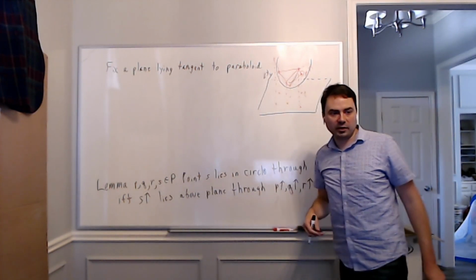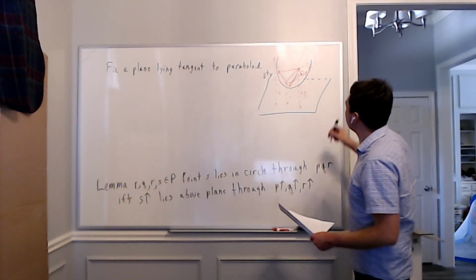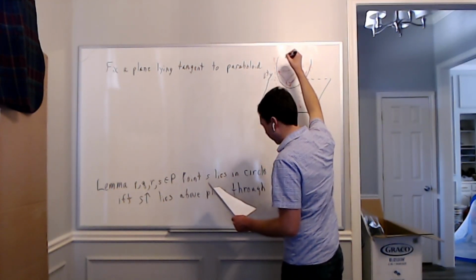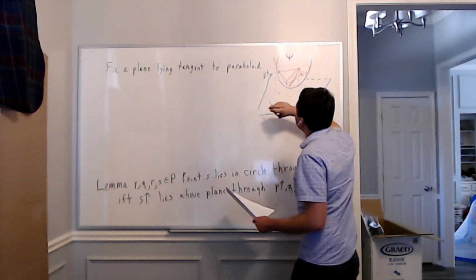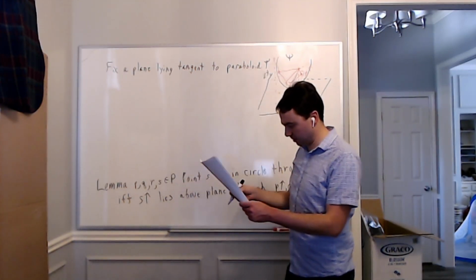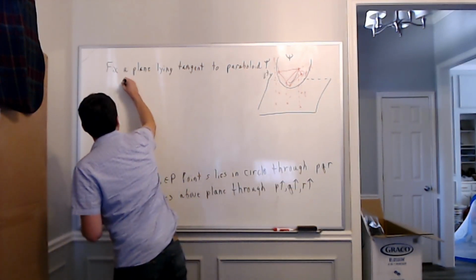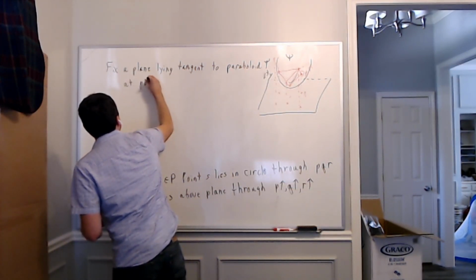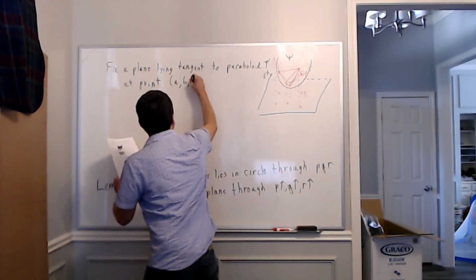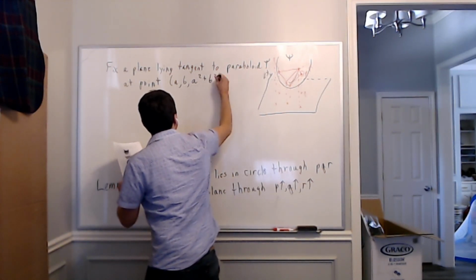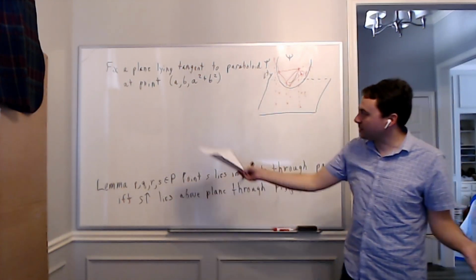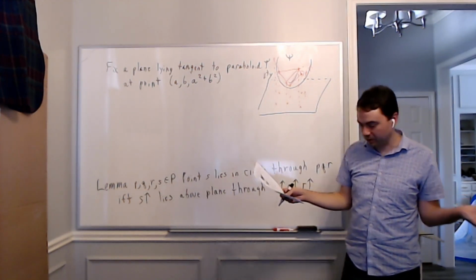I'm not sure I ever gave this paraboloid a name. In my notes, I'm calling it psi. So take a plane that lies tangent to the paraboloid at point (a, b, a squared plus b squared). Every point on the paraboloid has this form.